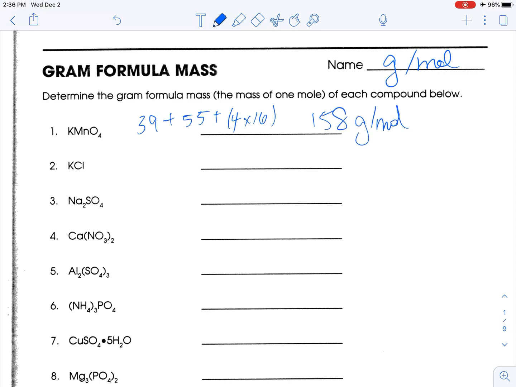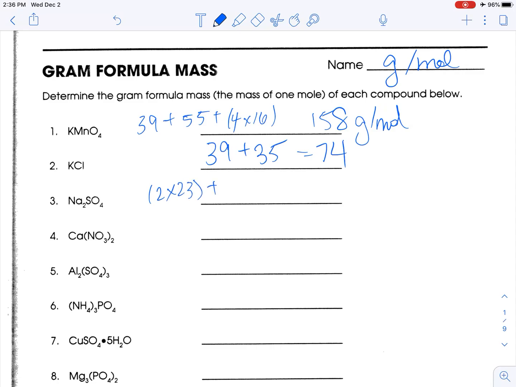All right, KCl. So we got another K, that's 39, and chlorine, which is 35. 39 plus 35, 74 grams per mole. Okay, we have sodium sulfate. Sodium, there are 2 of them. Sodium is 23.